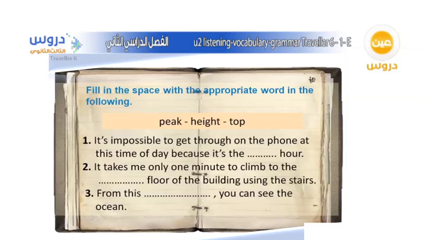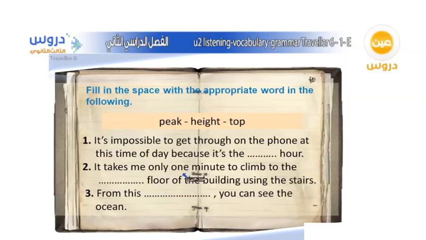Now I need you to fill in the three words which have almost the same meaning in the right spaces for each sentence. Fill in the space with the appropriate word in the following: peak, height, top. Number 1, it is impossible to get through on the phone at this time of the day because it is the, and you have the word hour.